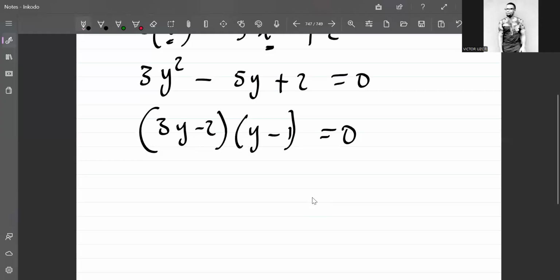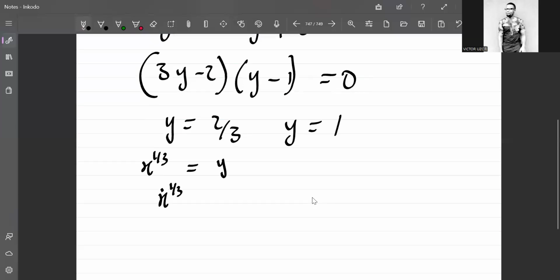So you now have y is equal to 2 over 3 and y is equal to 1. But remember that we said the substitution is x raised to the power 1 over 3 is equal to y. So you now have x raised to the power 1 over 3 equal to 2 over 3.